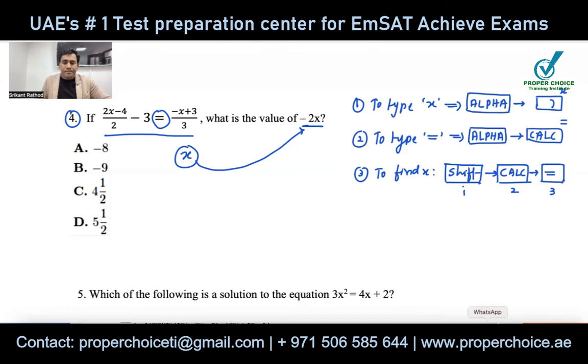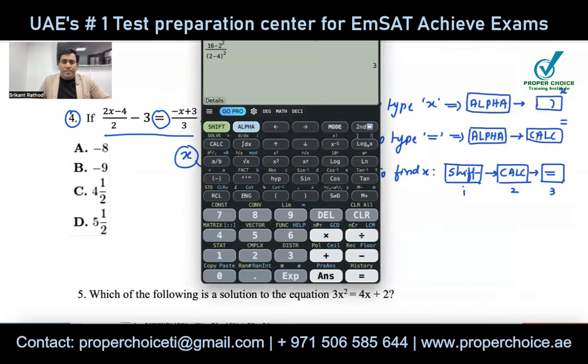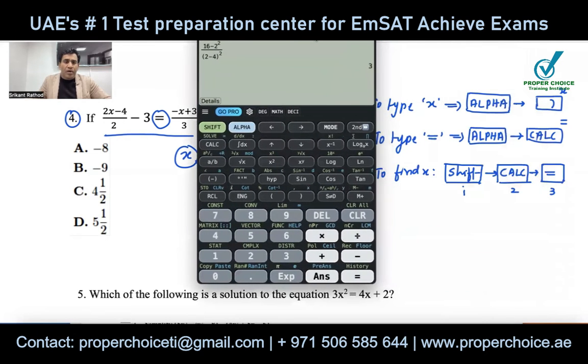Let's follow the instructions given and find the value of x here. I have to find the value of x first, so let me type this equation as it is. It is a fraction, so I press here and then type the equation. To type x, as I said, I press the button alpha and this button.